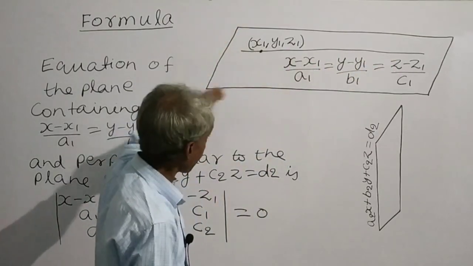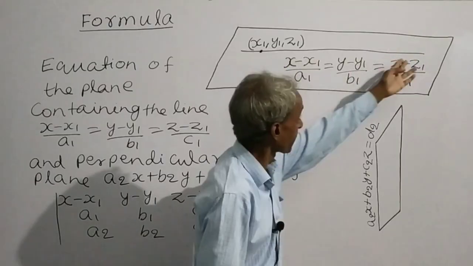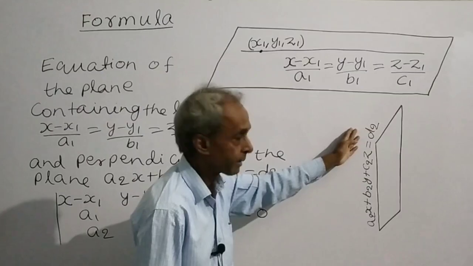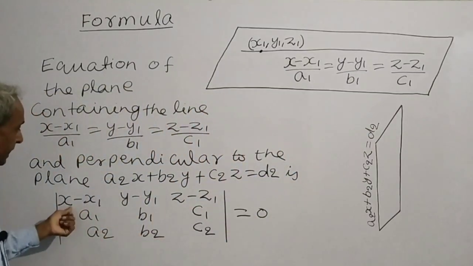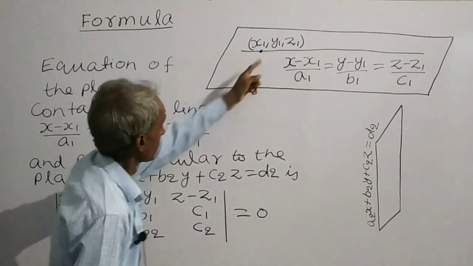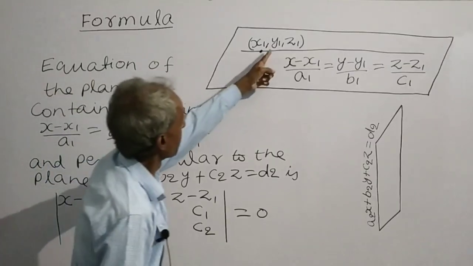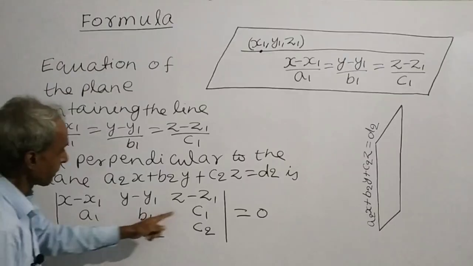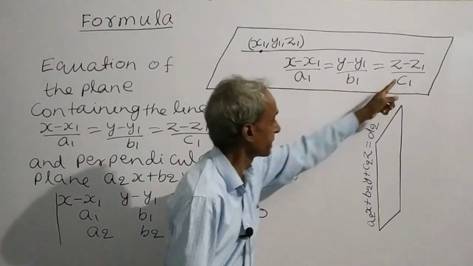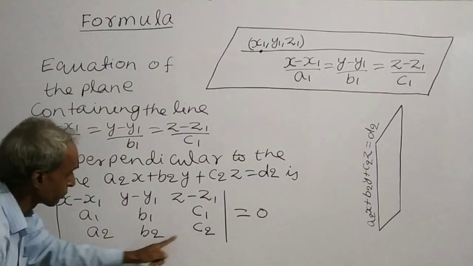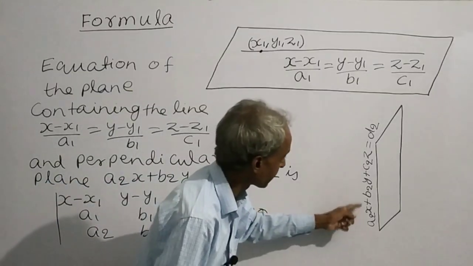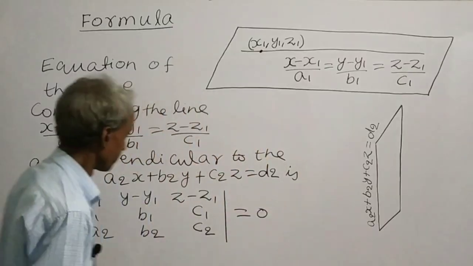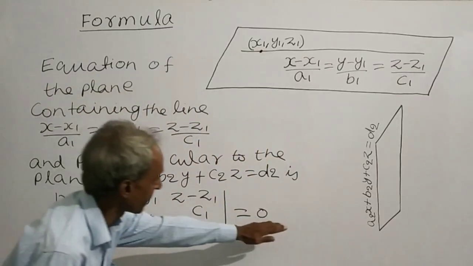The equation of the plane containing this line and perpendicular to this plane is the determinant with rows x minus x1, y minus y1, z minus z1; a1 b1 c1; a2 b2 c2, where a2 b2 c2 are the coefficients of x, y, z in the equation of this plane. This determinant is equal to 0.